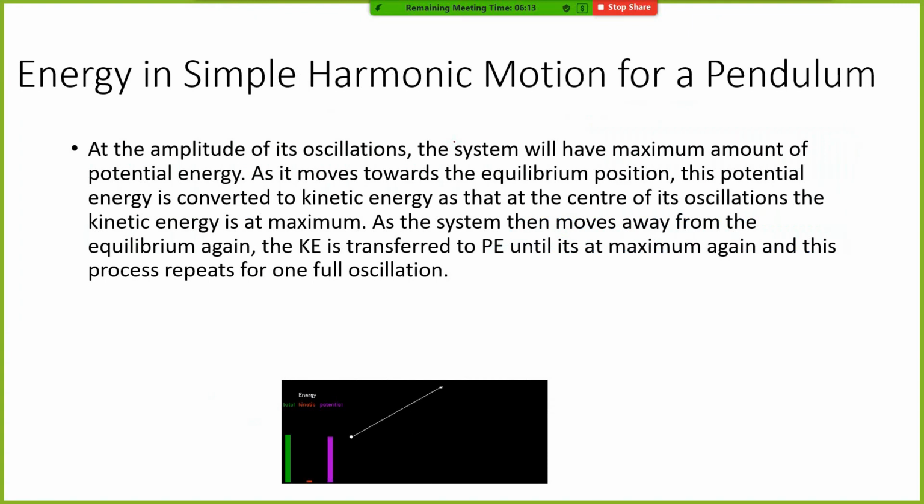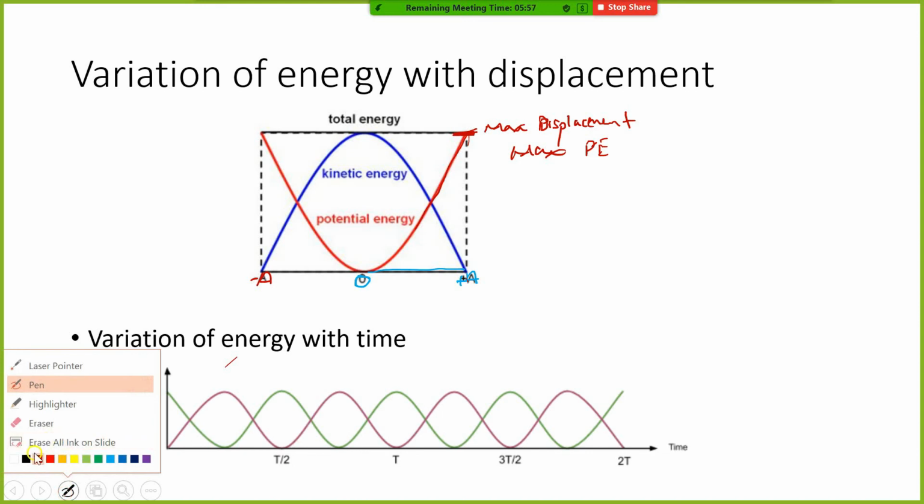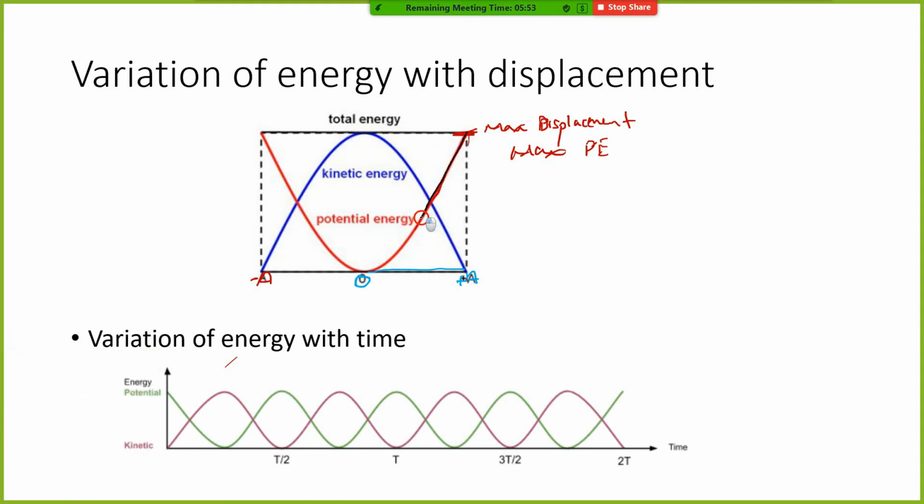Imagine that this is the thing oscillating back and forth, going up in the air, coming back to the equilibrium position, all of that. As the object is going back to the equilibrium position, remember we're now saying that it is losing energy. It's losing potential energy. When it reaches the equilibrium position, all of that potential energy is gone.